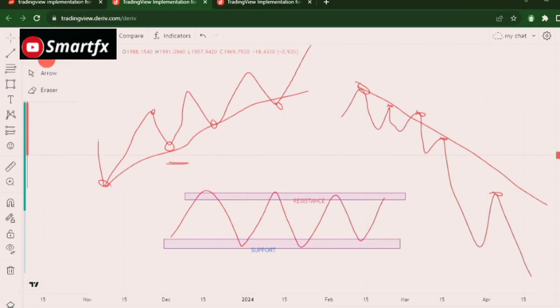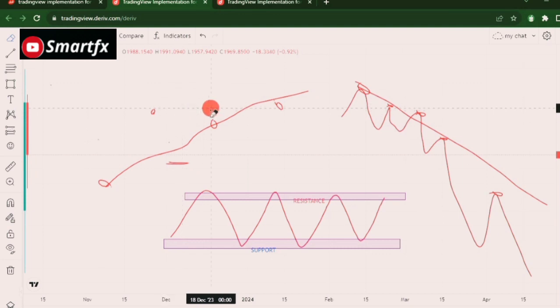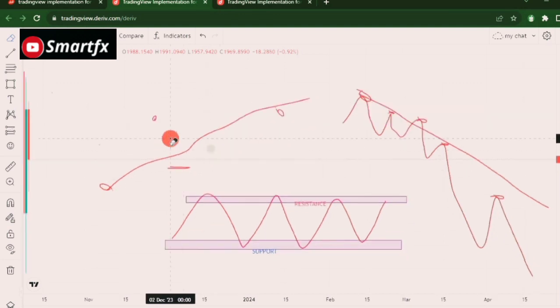There's one thing I also want to show you. Let me erase this. I want to show you something else.